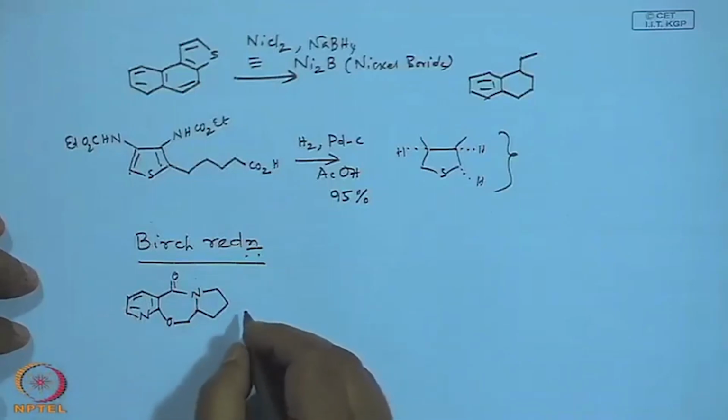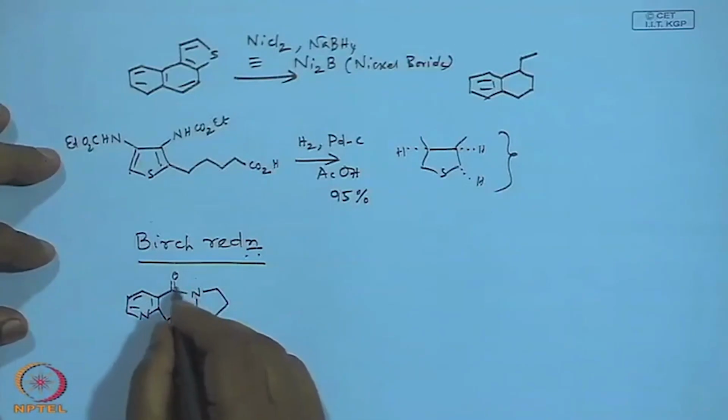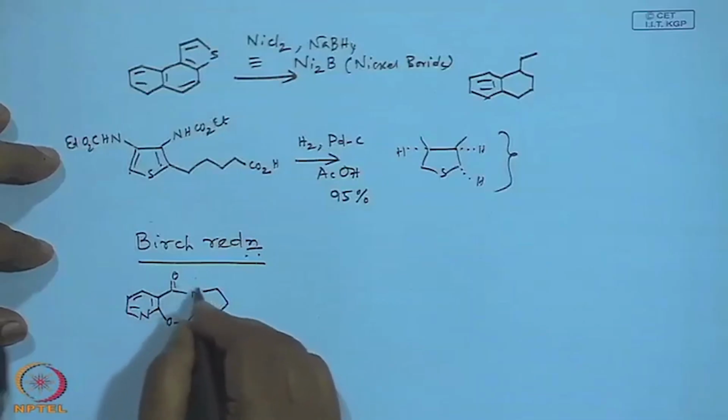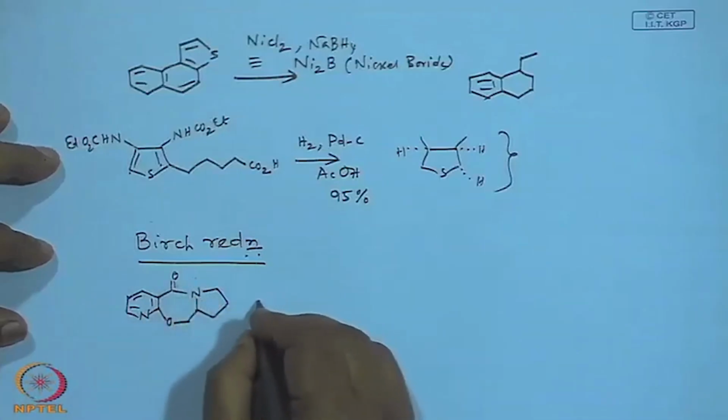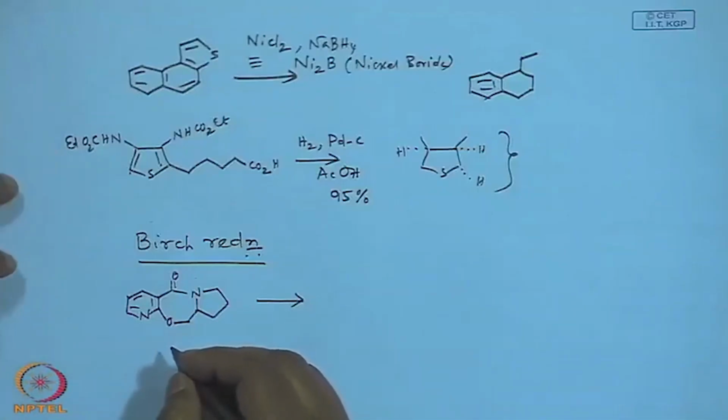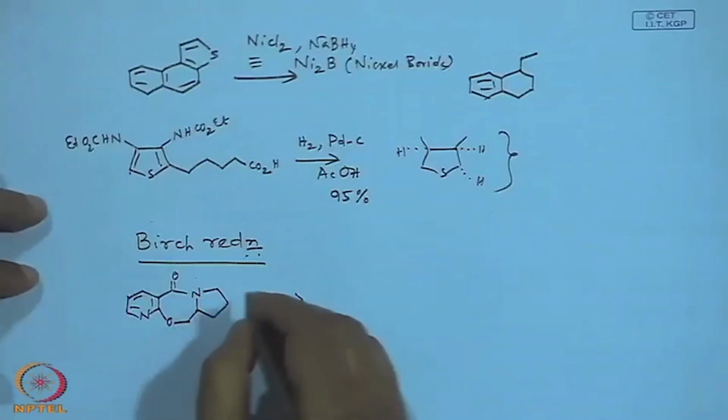By now you should be able to know. The middle ring should be named, quick, the middle ring, what should be the name? Oxazepinone, 7 membered ring oxazepinone. Okay.